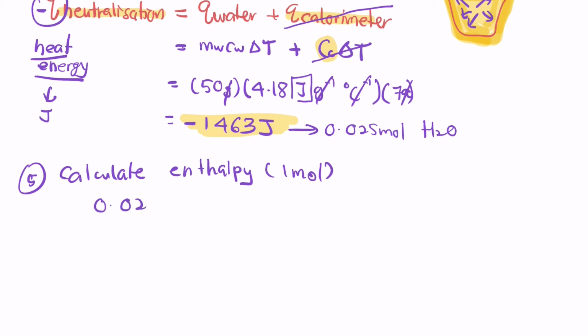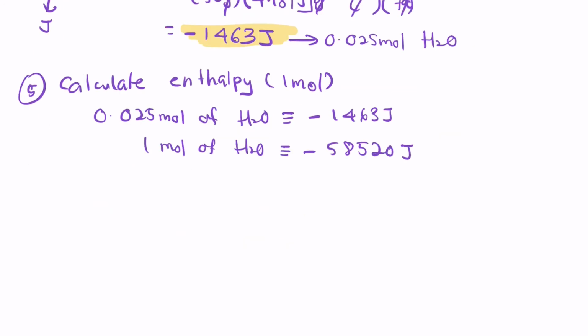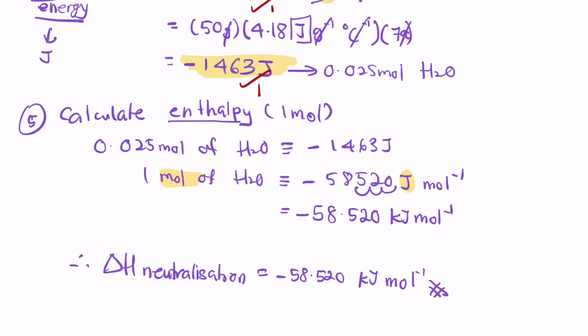So 0.025 mole of H2O will produce negative 1463 joule, and therefore 1 mole of H2O will produce, now the unit will not be joule, since this is 1 mole, so you write joule per mole.